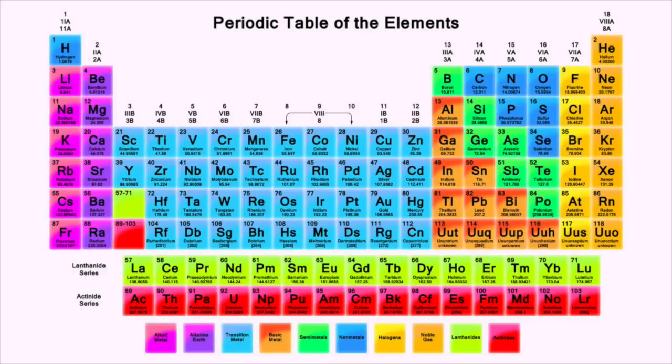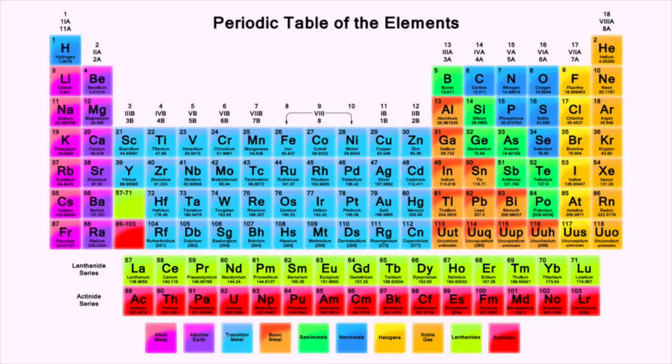As you move across a period from left to right, the trends tend to follow this pattern. Atomic radius tends to decrease, whereas the ionic radius, electronegativity, first ionization energy all tend to increase.